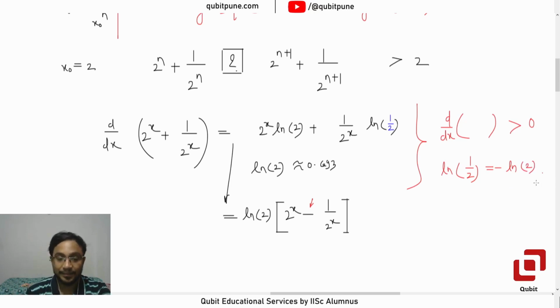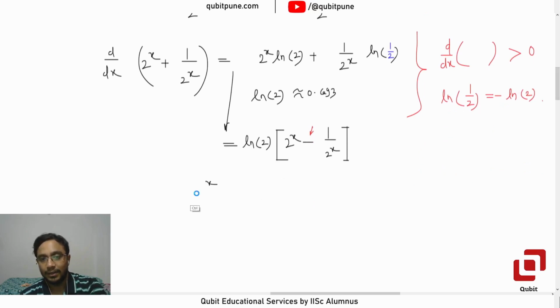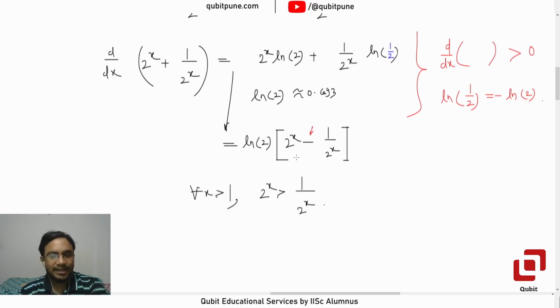Right, now here is the thing. If we choose any number greater than 1, then 2 raised to x will be greater than 1 upon 2 raised to x. Well, there is an issue with x equal to 1, but I will tell you that it is actually an extreme value when x is equal to 1. I will also show you that later on Desmos. But as of now, our job is done.